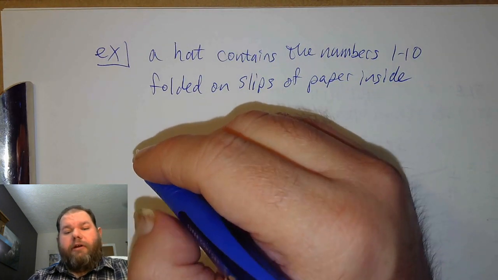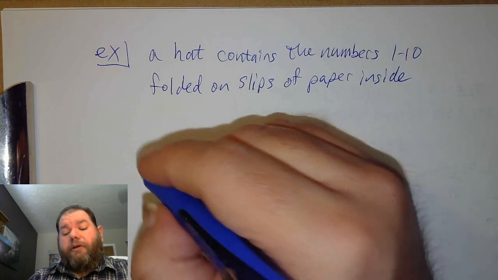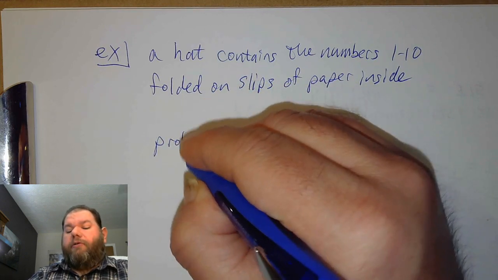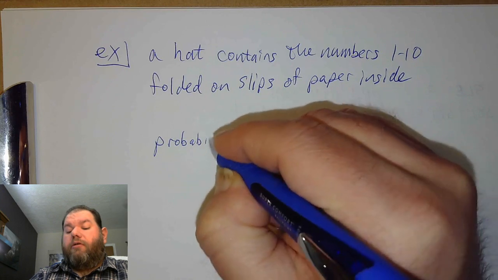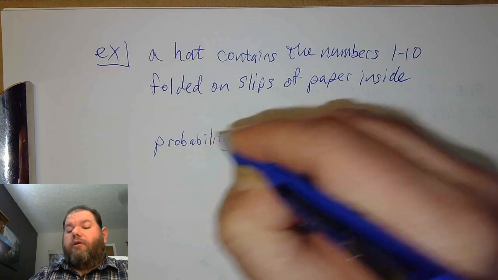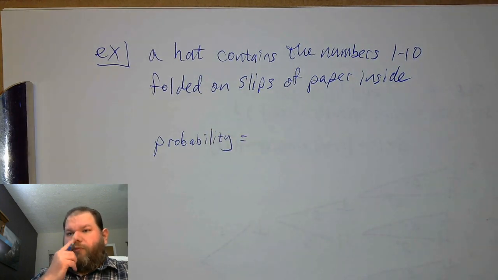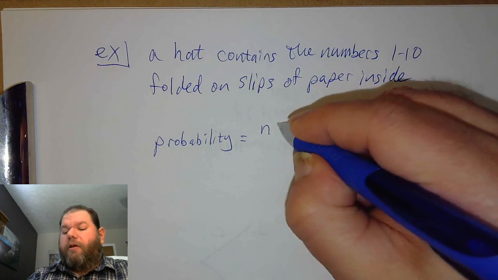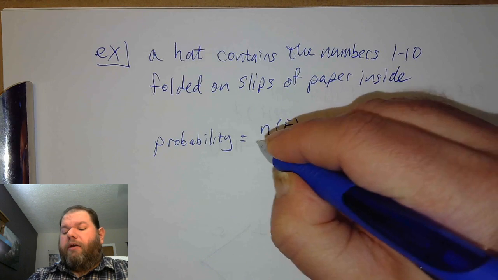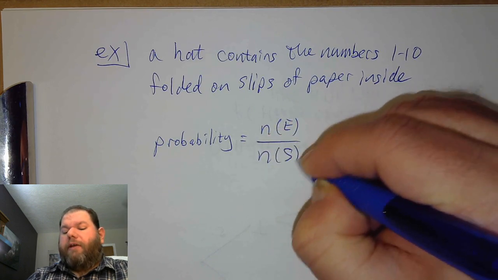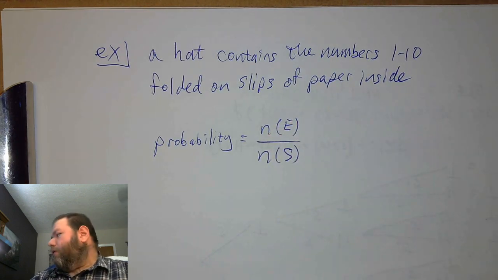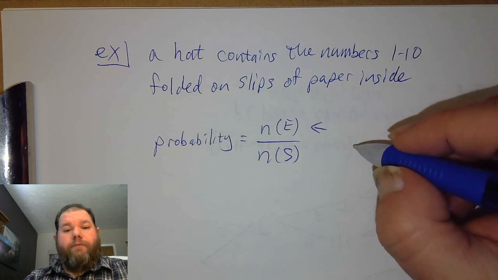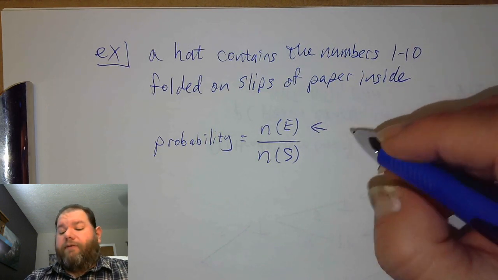Now, let's look at how we define probability, or define the calculation of probability. Probability we say is n of e divided by n of s. Now, n of e is the number of ways an event is successful.